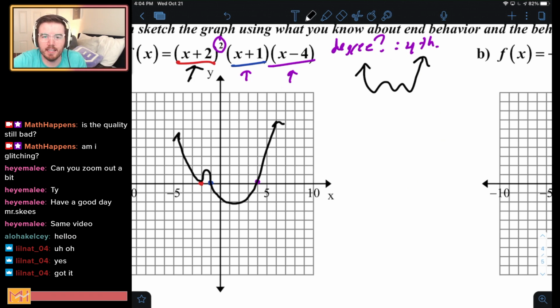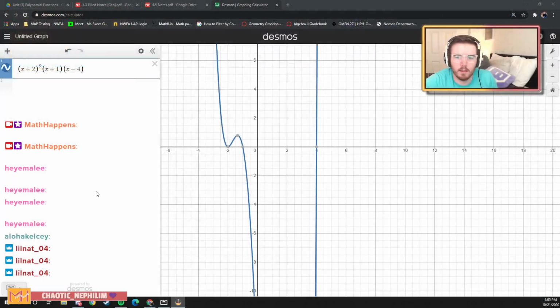Let me plot it into Desmos really, really quick. X plus 2 squared times x plus 1. Take a look at this. See that?